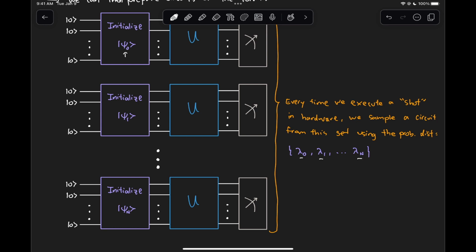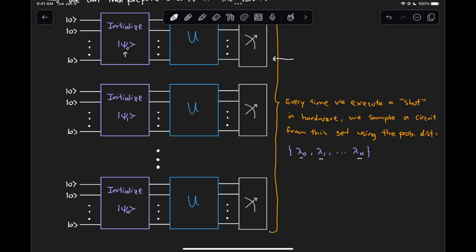For example, if the first state, psi sub 0, has a lambda sub 0 of, let's say, 0.1, then we would sample out of all the circuits with a probability of 10% of picking this circuit through all the different shots that we're going to take when we run this through real hardware.